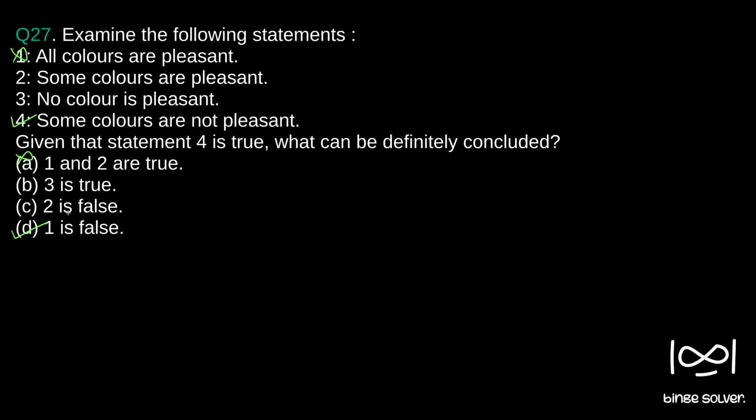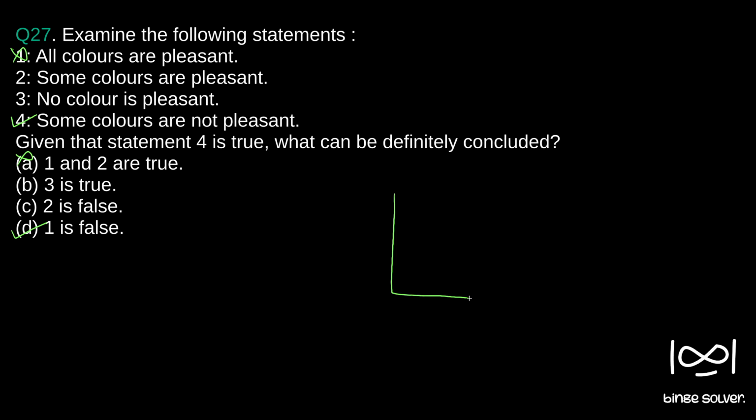Since some colors are not pleasant is true information, we cannot say all colors are pleasant. Even if you look at 2 and 3, some colors are pleasant, that we don't know. All we know is some colors are not pleasant. It may be the case that all colors are not pleasant. We don't know. We just know some colors are not pleasant. We only have that much information.